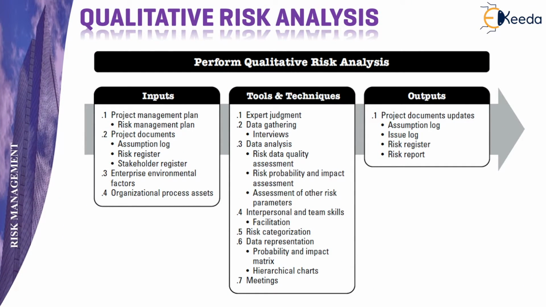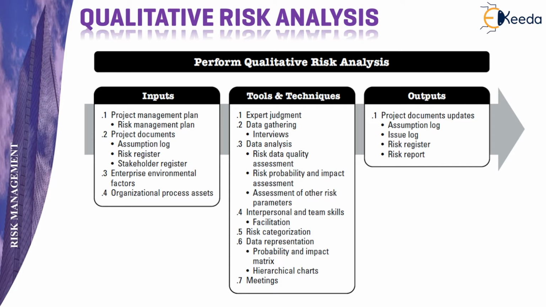Once the risk register is prepared, we go to the next step of preparing the qualitative risk analysis. So the risk register with only the identified risk goes as an input into this process. Other inputs are the project management plan, risk management plan, enterprise environmental factors, and the organizational process assets.